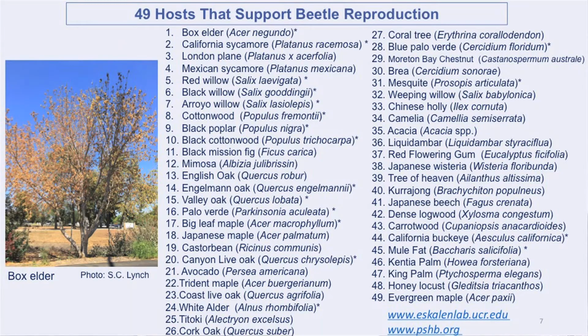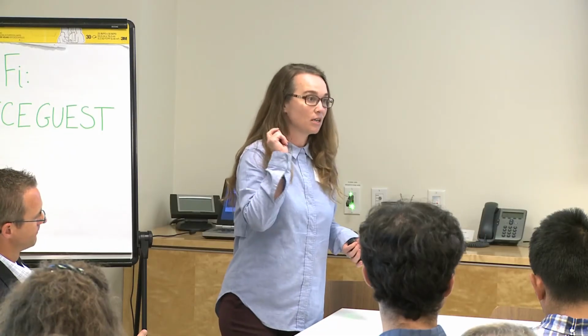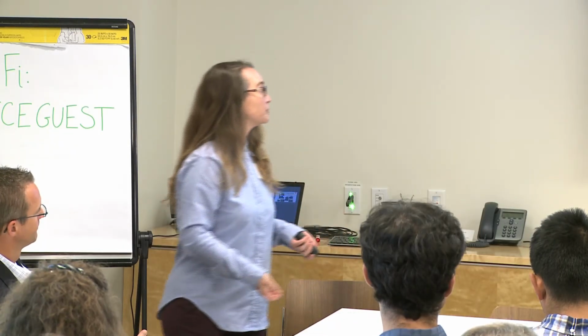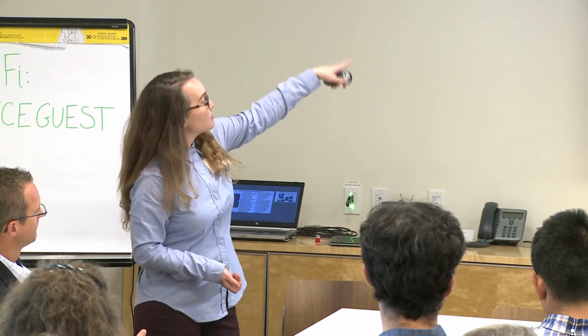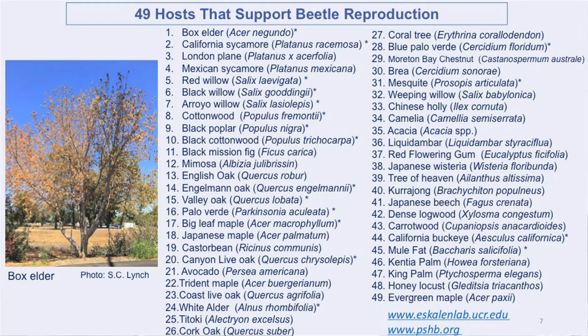The beetle alone can attack over 300 tree species. A subset of those, which are listed here, these 49 tree species, are the ones that support beetle reproduction. So those are the ones where it can actually make a gallery, grow its fungus, and feed the larvae. The top 10 on this list here are more affected by the disease.